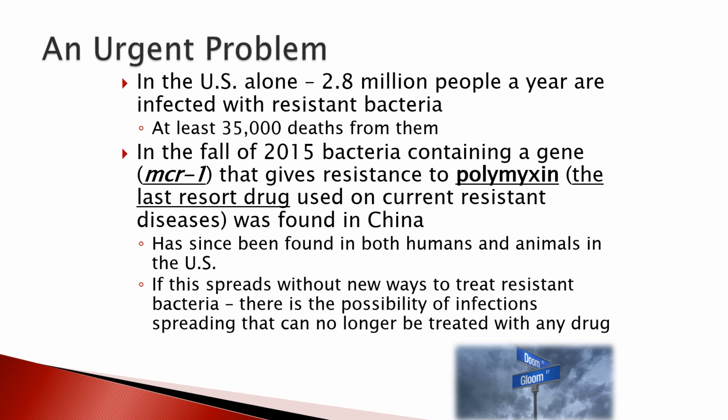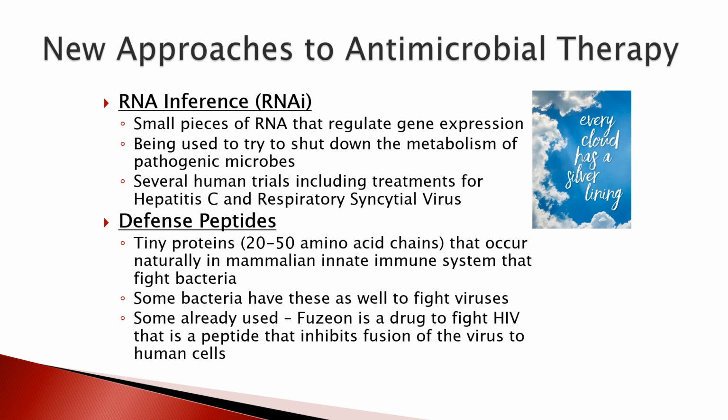It becomes useless, right? So let's talk about some of those new approaches that we're looking at, some areas of study, some silver lining, if you will. So the first way that we are approaching new ways to antimicrobial therapy is RNA interference.